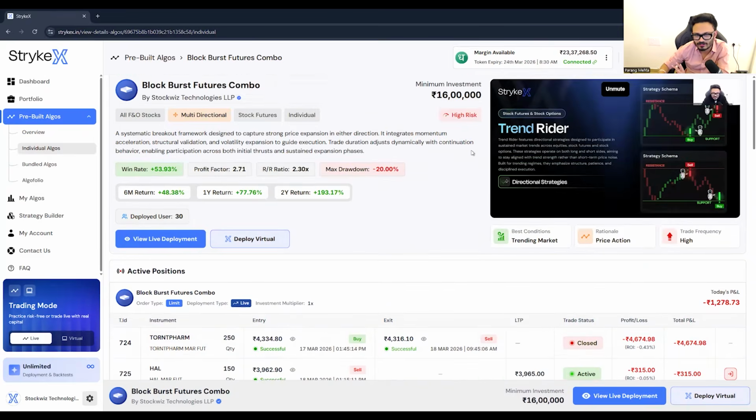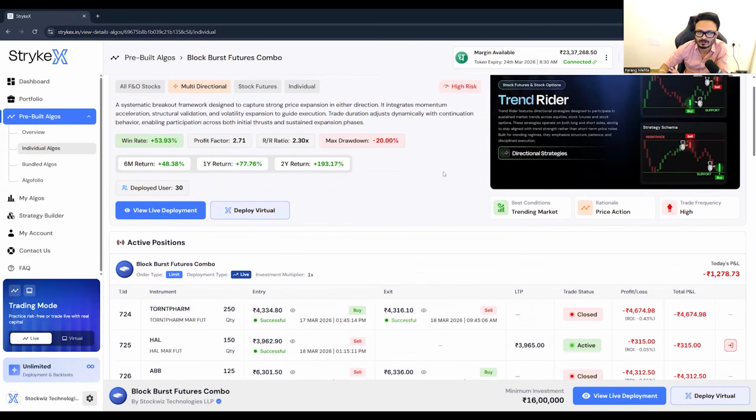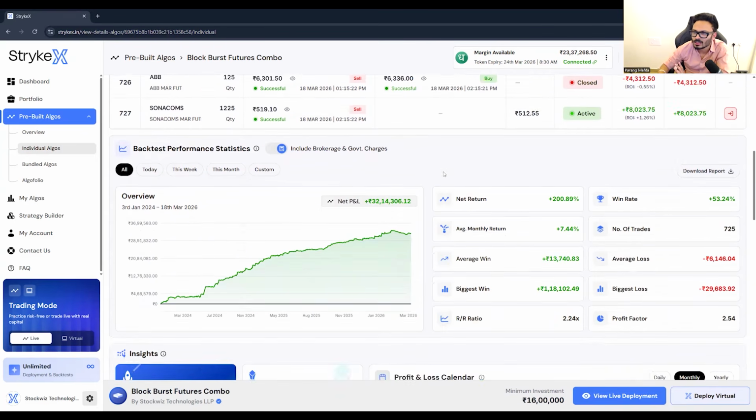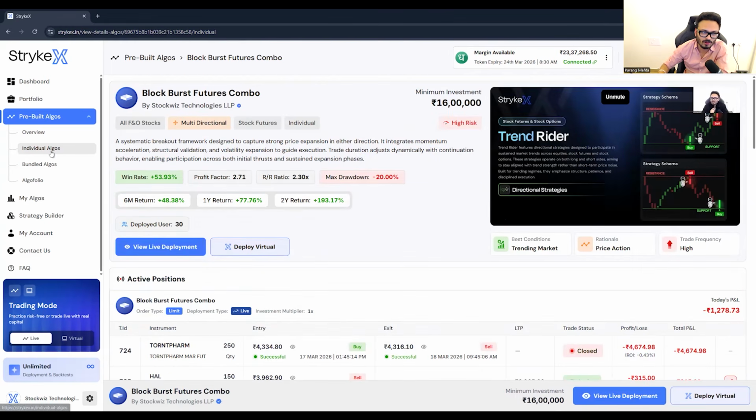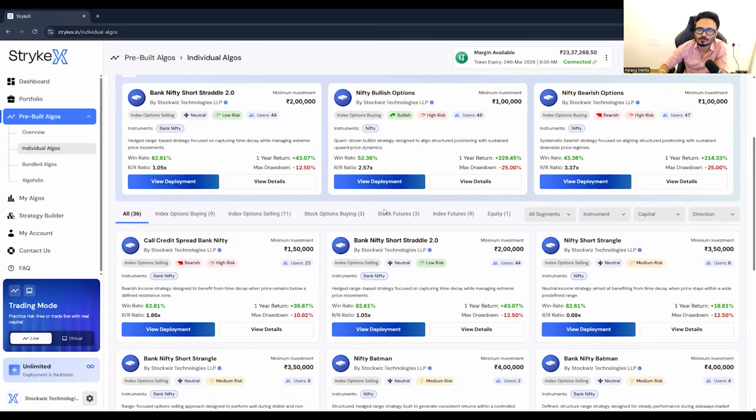So it's basically giving 8, 9, 10% kind of returns on a month basis. But again, it has a higher number of trades. So this is after charges, 32 lakhs. Average monthly return stands at about 7.5%, but this is a very high risk strategy. So I only recommend those people to go with this who have a minimum capital of 20 lakhs. Only then go with stock futures.